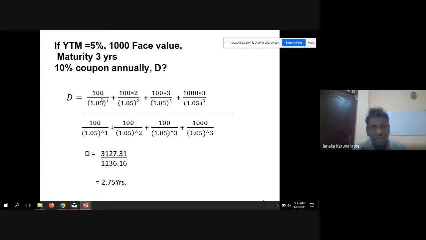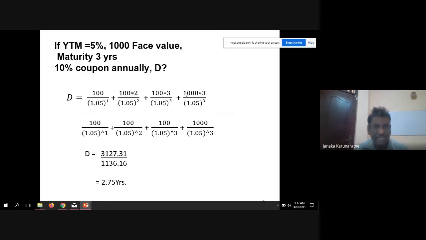Now, the yield to maturity rate per annum is 5%. In order to get the present value, you divide the first year cash flow by 1.05 to the power 1. The second year present value is 100 divided by 1.05 to the power 2, then multiplied by the time factor 2.